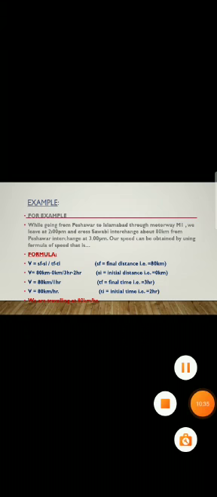Now here we will discuss an example. For example, while going from Peshawar to Islamabad through motorway M1, we leave at 2 p.m. and cross Swabi interchange, about 80 km from Peshawar interchange, at 3 p.m. Our speed can be obtained by using the formula of speed, that is v equals Sf minus Si divided by Tf minus Ti, where Sf shows the final distance, that is 80 km.